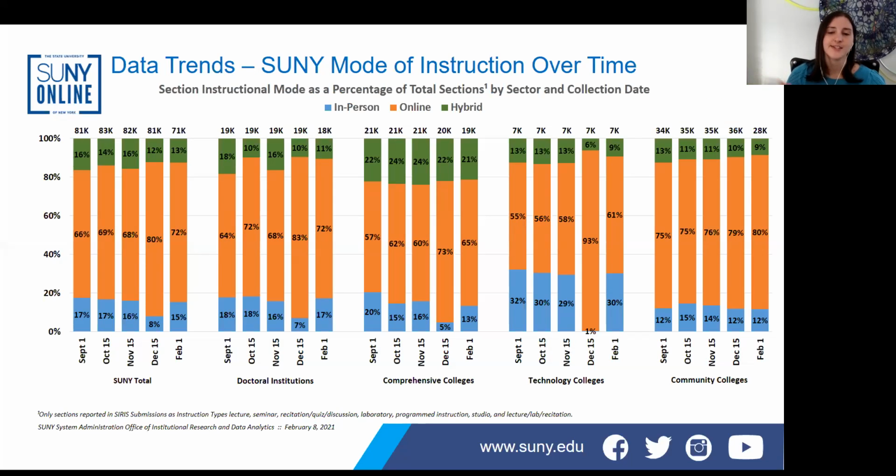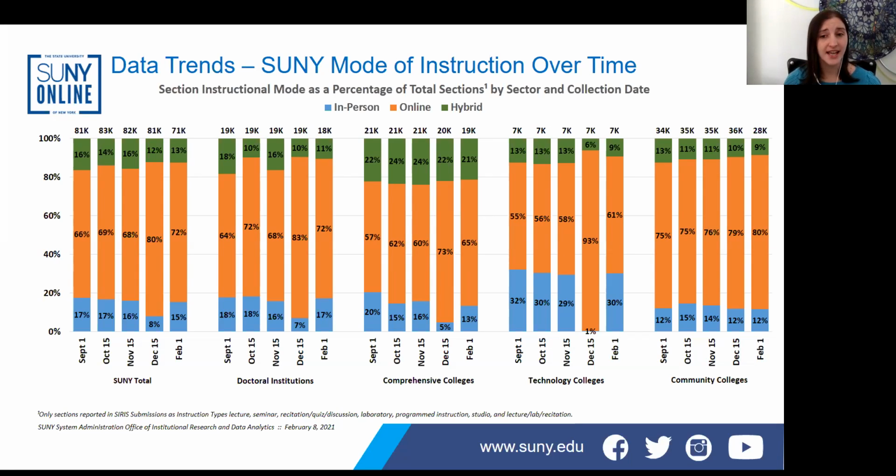Okay, so this slide looks like a lot, I know, but this is actually coming directly from institutional research, and it's a summary of all of their data that they collected through those mode of instruction surveys that I talked about earlier. There were those questions, like we were talking about with Diane before, about tracking courses that were originally planned to be face-to-face and then shifted online, and we couldn't really get at that level of detail.